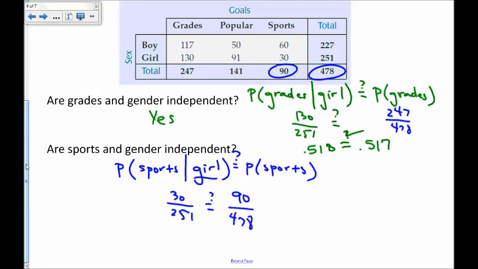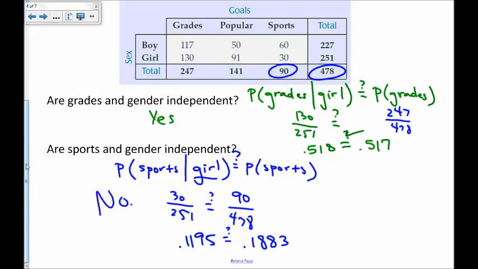Let's divide this to see if the decimals are close. 30 divided by 251 is 0.1195. Is that roughly equal to 90 divided by 478, which is 0.1883? I would say those are not really close together, so I would probably say no in this case.